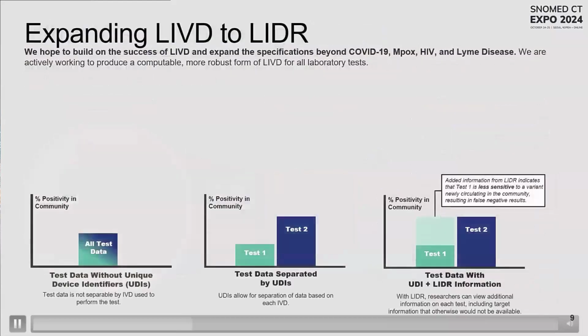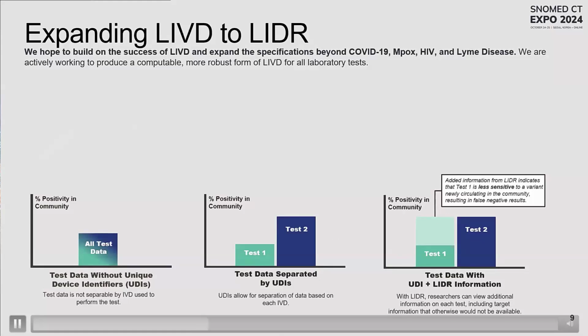So when we're expanding LIVD to LIDR, LIDR is providing more of this information, and we're trying to expand it past the diseases that I talked about earlier, which are COVID-19, Mpox, HIV, and Lyme disease. If we look at the left side of the screen, we're taking all of those lab tests that are using exactly the same code and looking at the percent positivity of the lab results within a given population.